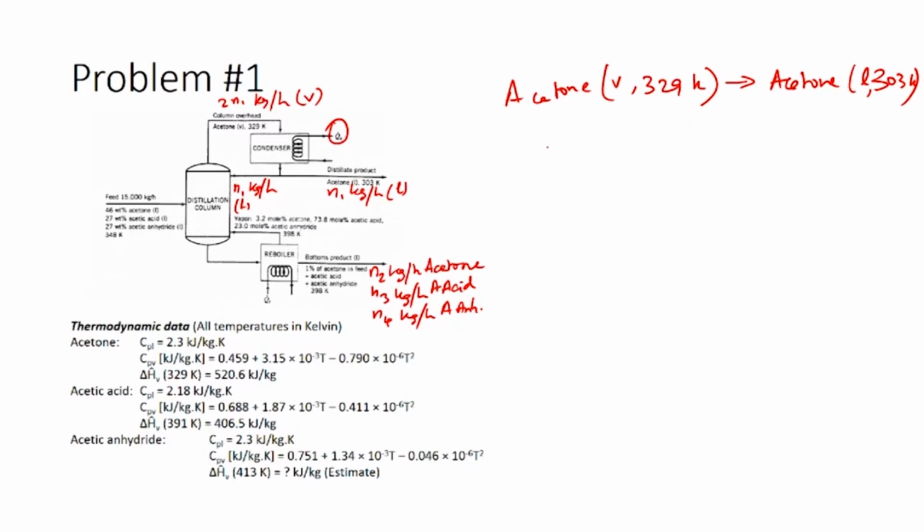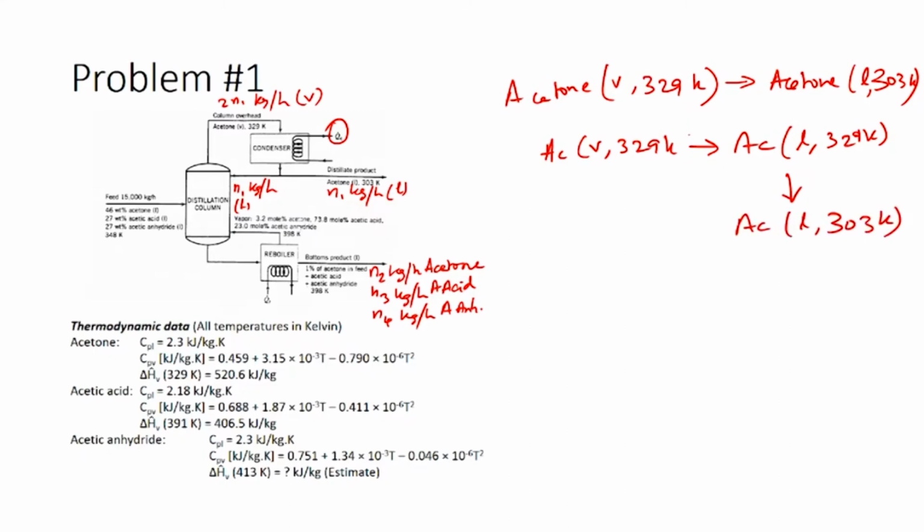This can be broken down into two steps: acetone vapor at 329 Kelvin going to acetone liquid at 329 Kelvin, and then being cooled further to acetone liquid at 303 Kelvin. The condensation step uses delta H cap V, and the change in temperature uses the integral of Cp dT.